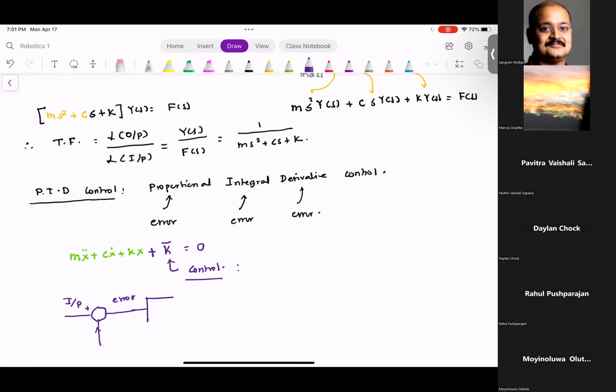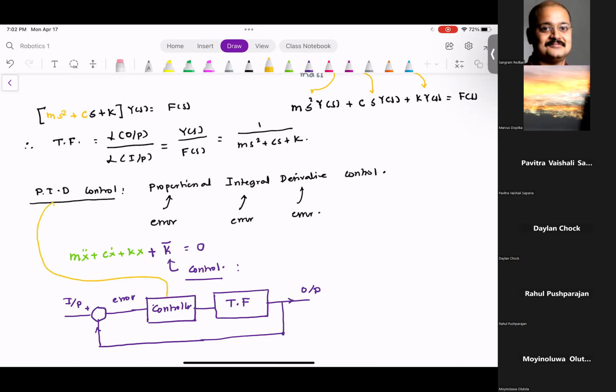This error gets fed to a controller term, and this whole thing gets fed to the transfer function, and then what you have is an output. And I'm going to assume a unity feedback. So this controller term that we talked about, PID control, can be over here.